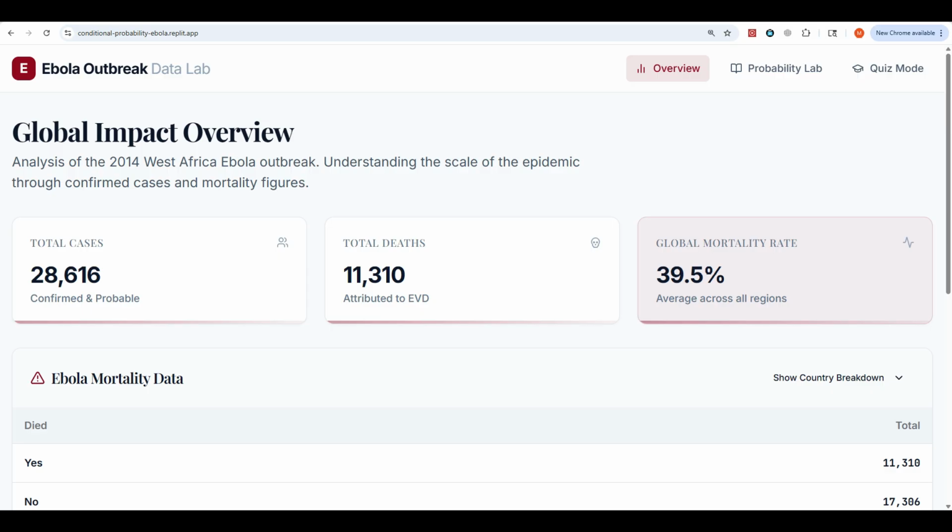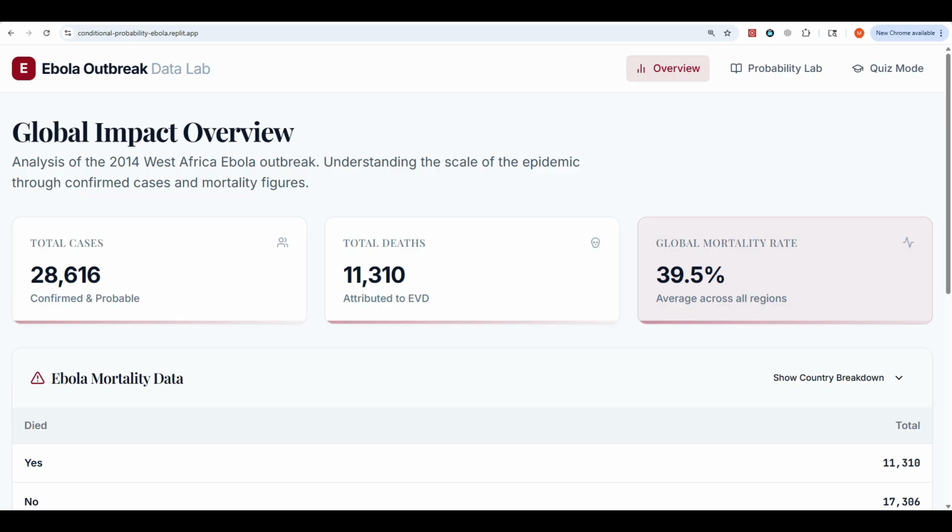And then the total number of deaths that were attributed to the Ebola virus. So 11,310. And then if you just divide 11,310 by the total cases, 28,616, you get 39.5% as the mortality rate in all of West Africa.